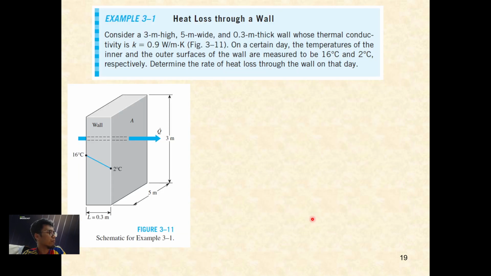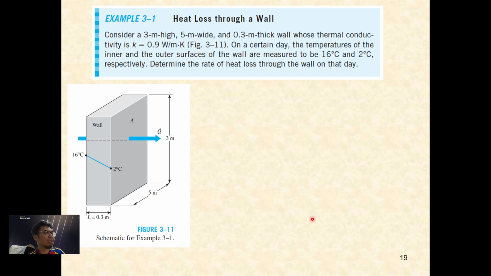Next, example 3.1. Okay, enough talking, we do some examples. Heat loss through a wall. Read there. Consider a 3 meter high, 5 meter wide and 0.3 meter thick wall whose thermal conductivity is K equal to 0.9 W/m·K. K there refers to Kelvin.